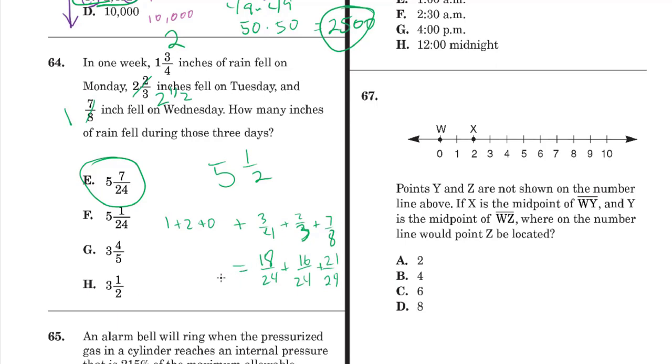In total, that will equal 18 and 16 is 34, plus 21 is 55/24, which as a mixed number is 2, remainder 7, or 2 and 7/24. So I'll add 1 and 2 is 3, plus the 2 is 5, 5 and 7/24. That's the formal approach. Again, estimation can help you get there much more quickly with a vertical scan to get the answer.